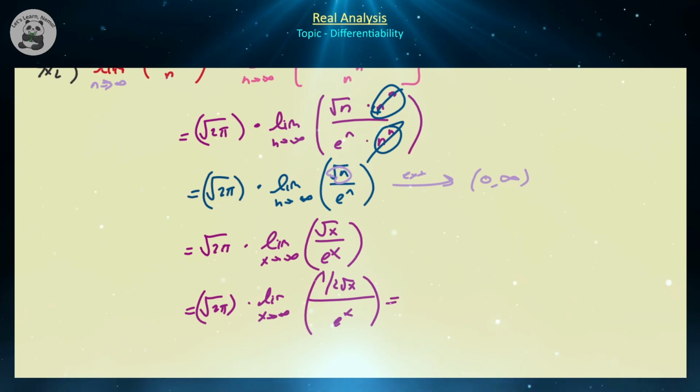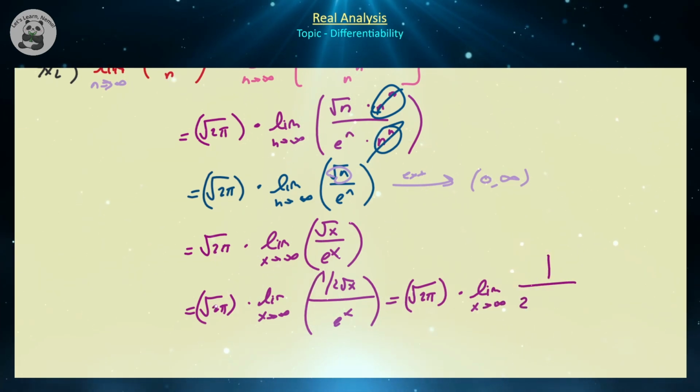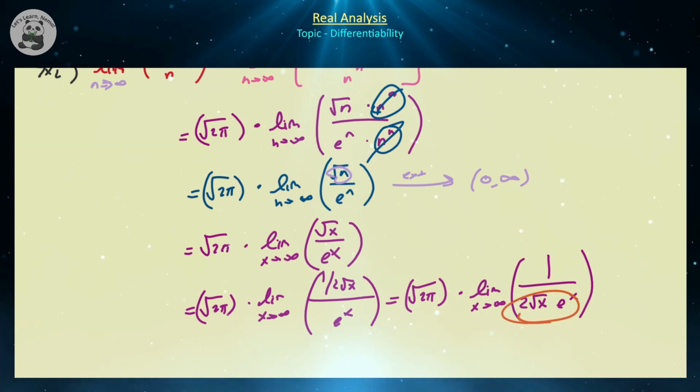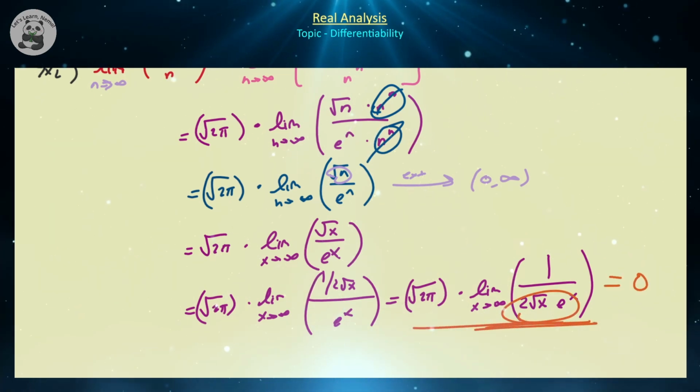And we can rewrite this to be a little bit more trivial, to be square root of 2 pi times the limit as x goes to infinity of 1 over 2 square root of x, and then e to the x. But notice the top stays 1 and the bottom grows without bound, so that means this limit is equal to 0, which means the entire thing is equal to 0.